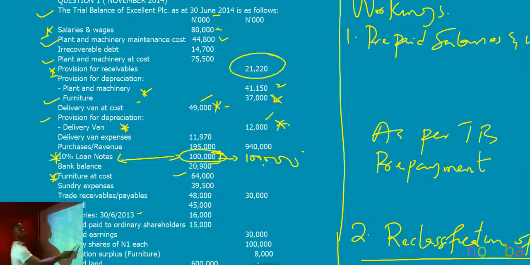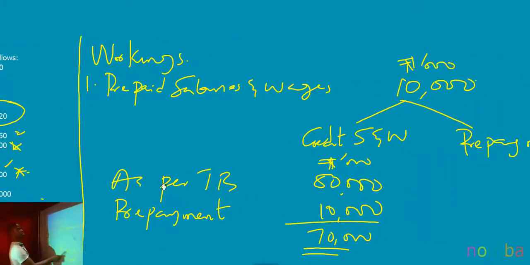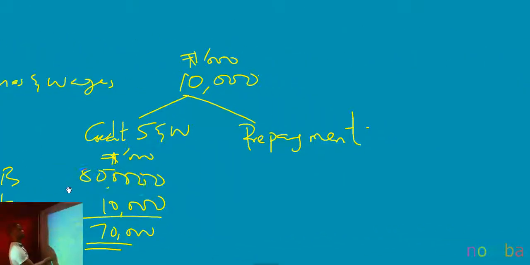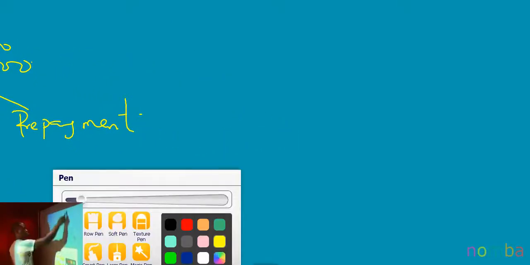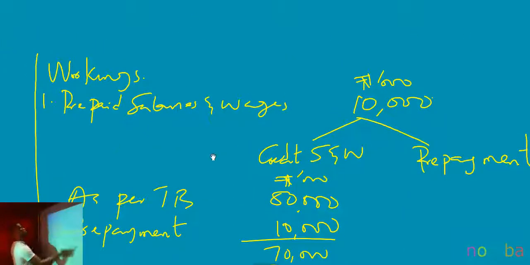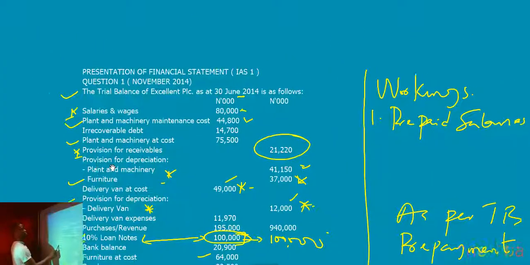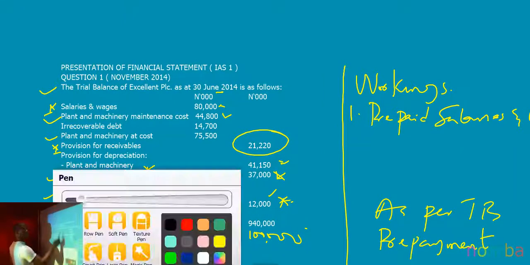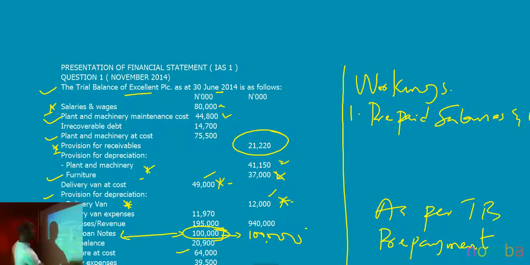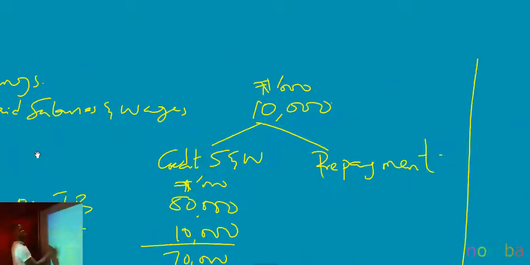Now in this session, we'll be preparing a statement of profit or loss and other comprehensive income. So what's the name of the reporting entity? That is very important. The name of the reporting entity in this case is Excellent PLC. So we will have Excellent PLC.